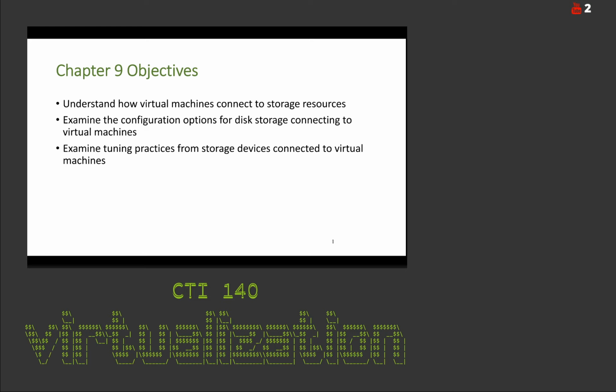And in virtualization, we're abstracting the storage resources. In order to do that abstraction of storage resources, it requires some good planning. But there are many choices and many different strategies that we can use to virtualize storage, where we can make good use of the storage that we have.